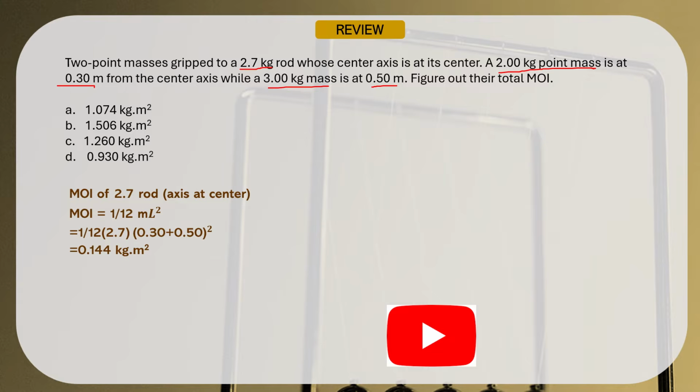To get the length, all you have to do is add the distance of the 2 kilogram mass, which is 0.30, plus the distance of the 3 kilogram mass at 0.50. When you input that to your calculator, the MOI of the 2.7 kilogram rod at the center is 0.144 kilogram meter squared.